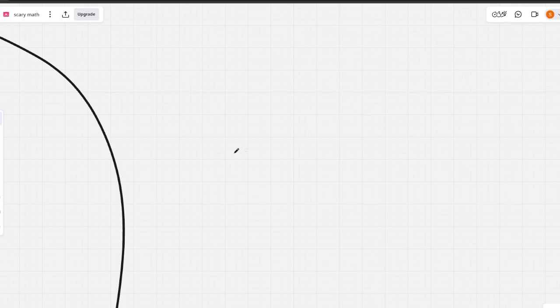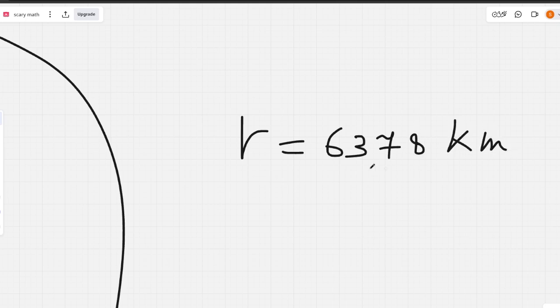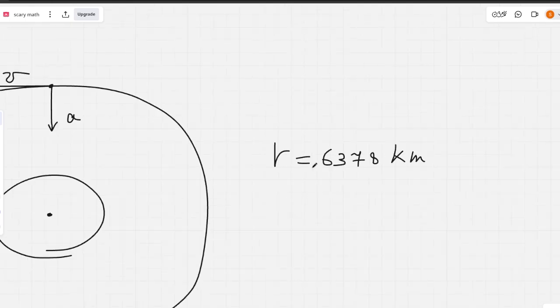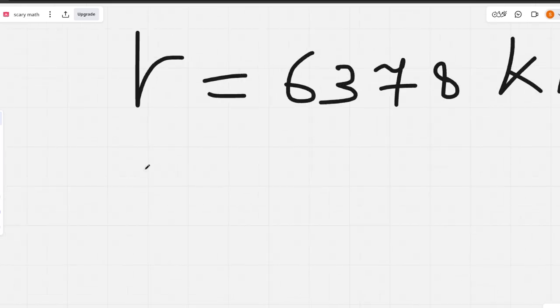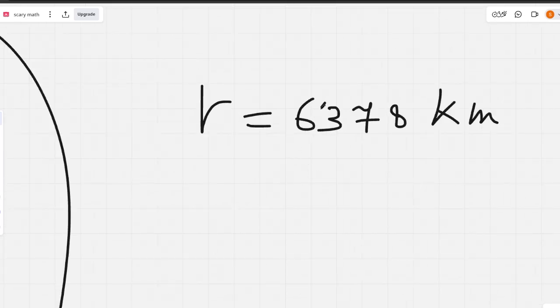So the radius of Earth is 6,378 kilometers, if I recall correctly, I may be mistaken here. And then the radius when we talk about low Earth orbit is going to be 100 kilometers more.